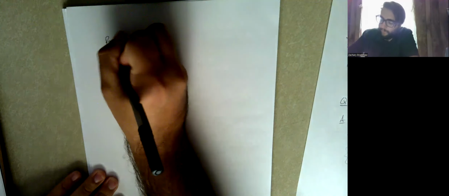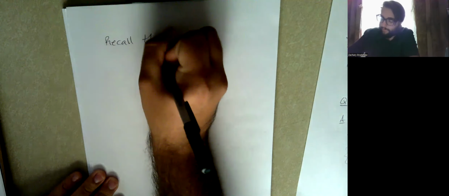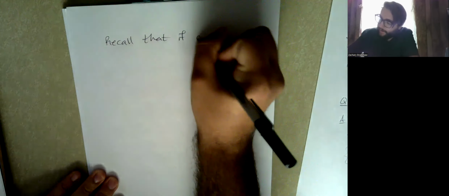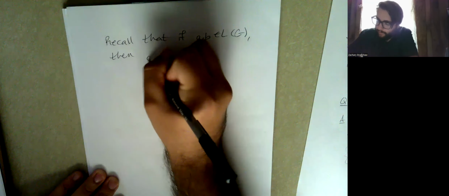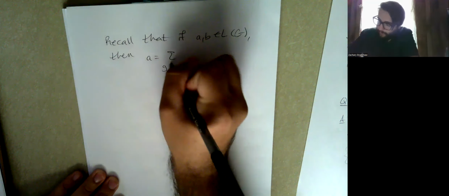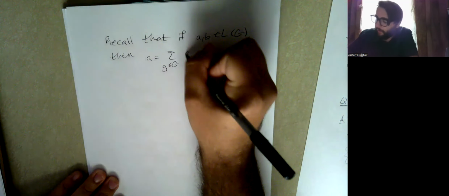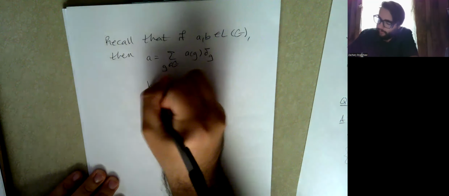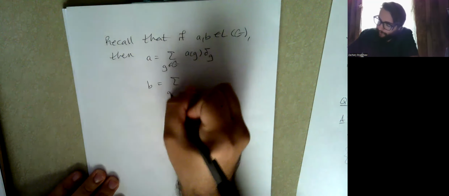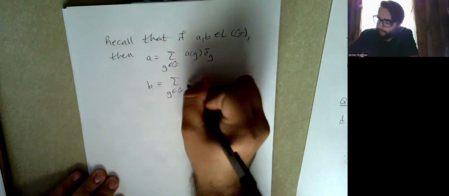But moreover, recall that if A and B are elements of the group algebra, then A can be written in terms of these delta functions. Likewise for B, because these delta functions form a basis for this space.